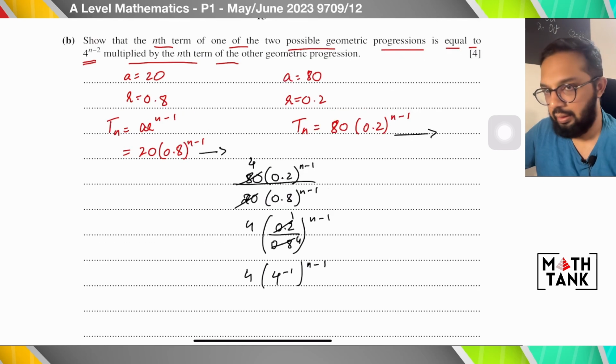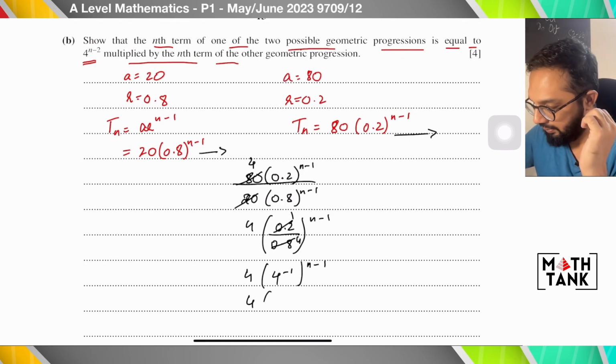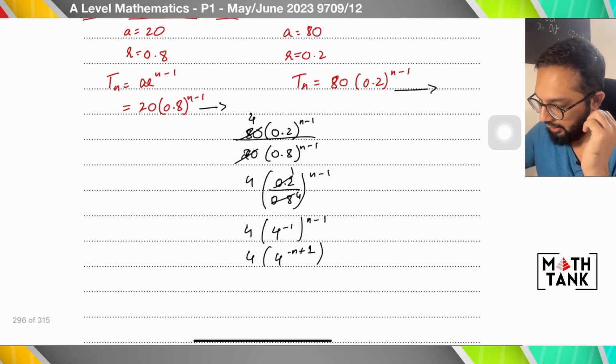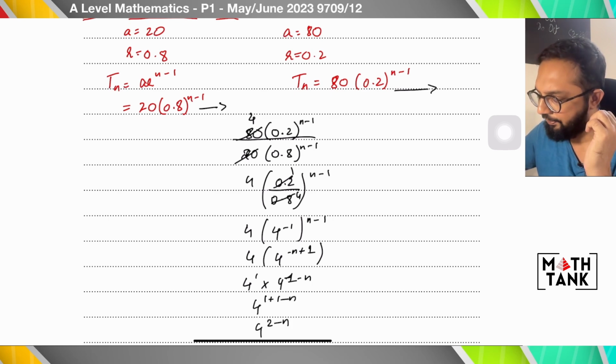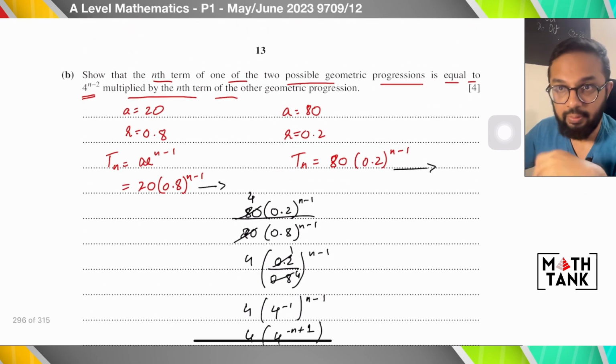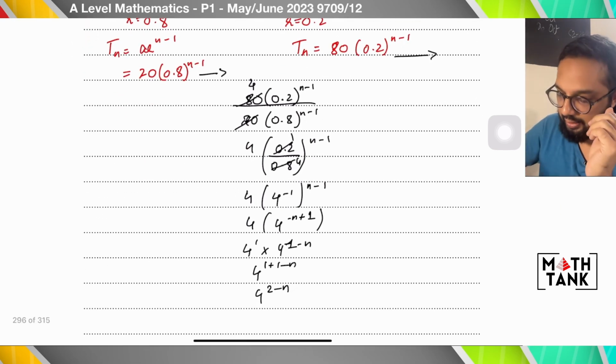So I have 4 times 4 power 1 minus n, that gives me 4 power 1 plus 1 minus n, so 4 power 2 minus n. I got the reverse of what I was asking, so I think I should have divided the other way around.